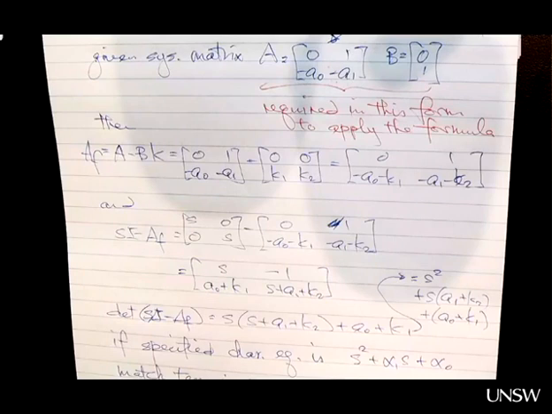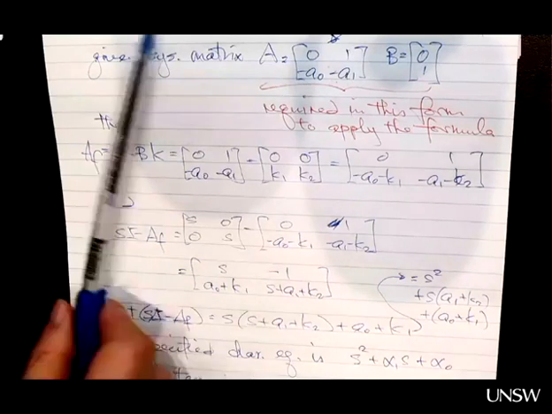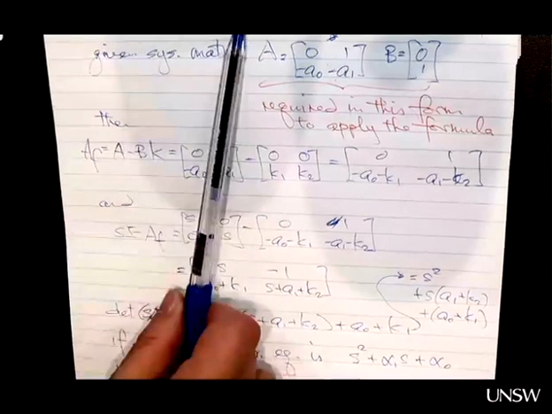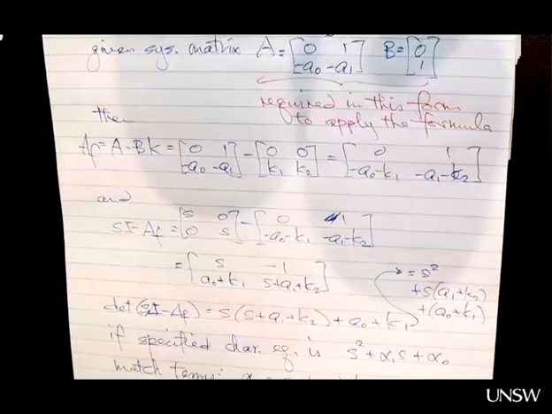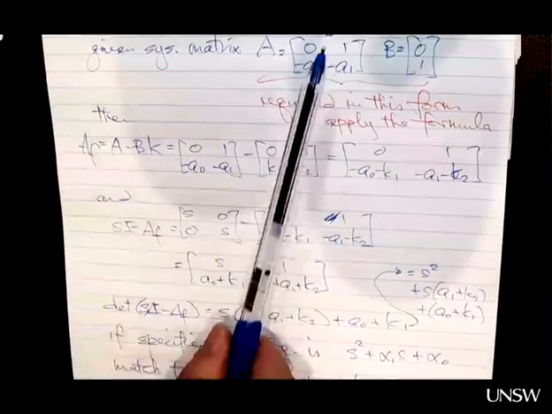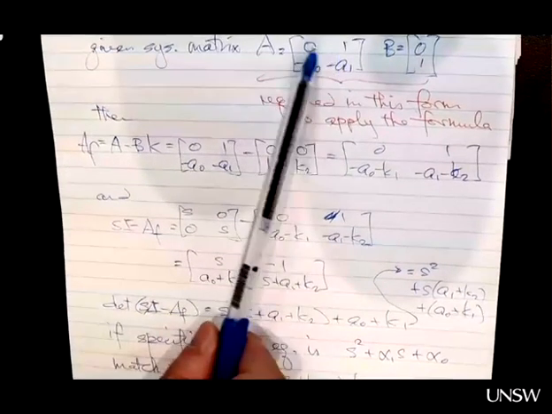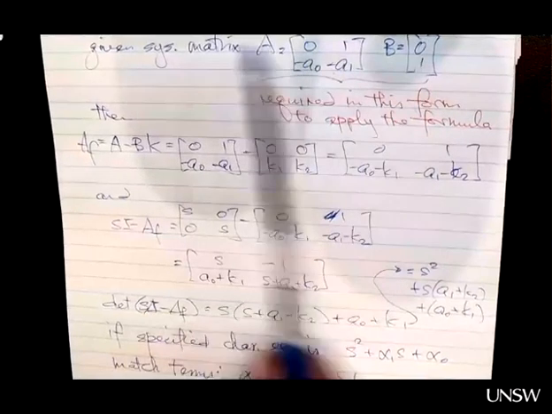So the important thing is that if we want to apply this formula, this formula is simple in calculation, but we need this kind of matrix because of the many zeros and 1s so that we can do the simplification.